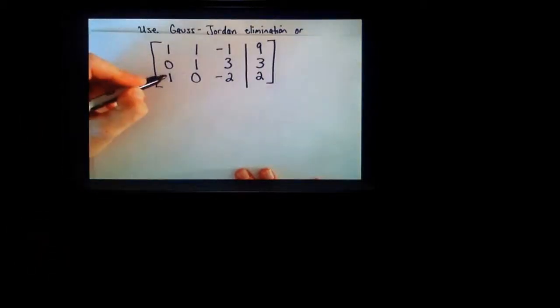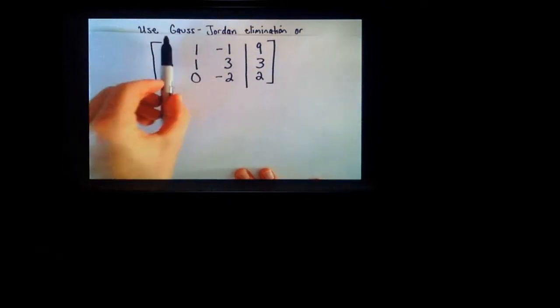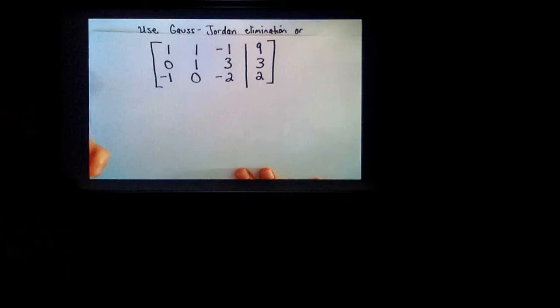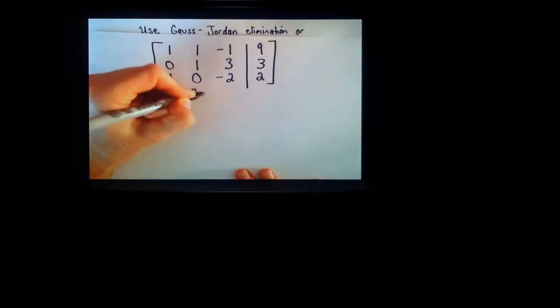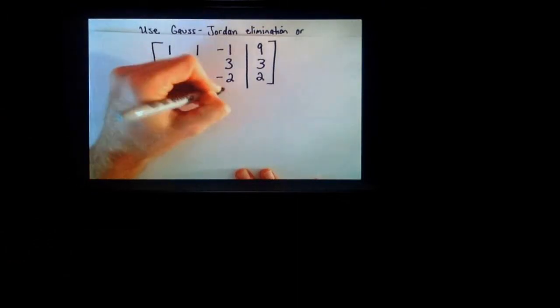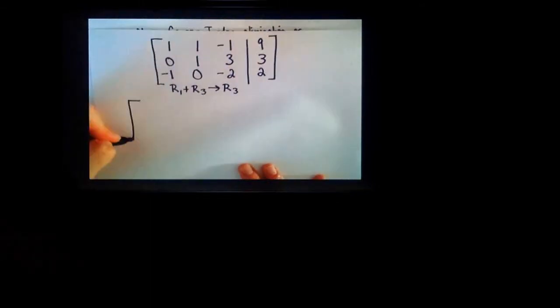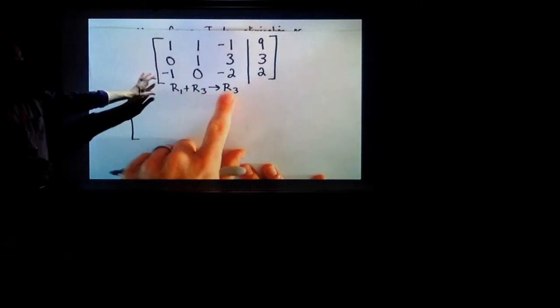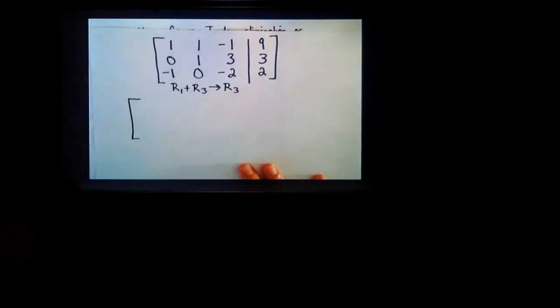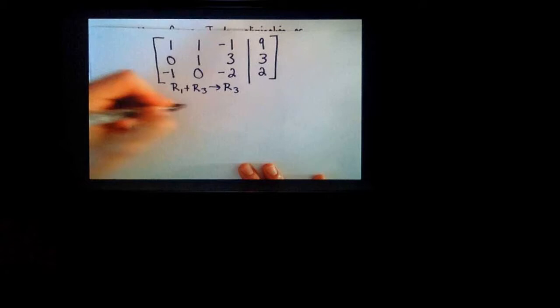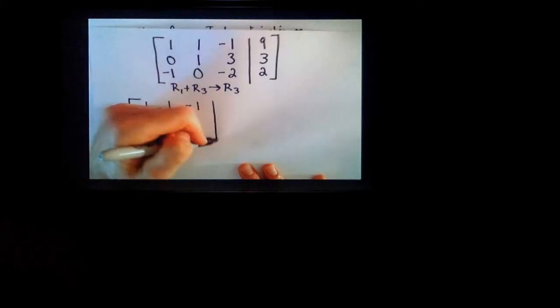Okay, so to get a 0 in the third row, first column, I'm just going to take row 1 and add that to row 3. That's going to replace my row 3. I like to use this little arrow notation. We're going to write these operations down. There's a lot of arithmetic in these problems, so anything I can do to help keep myself organized, I always found that helped.